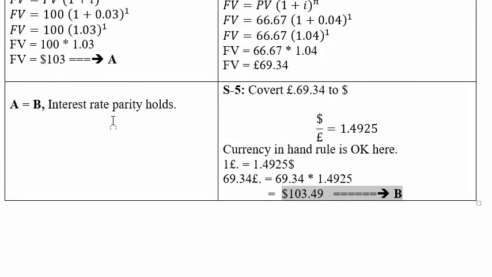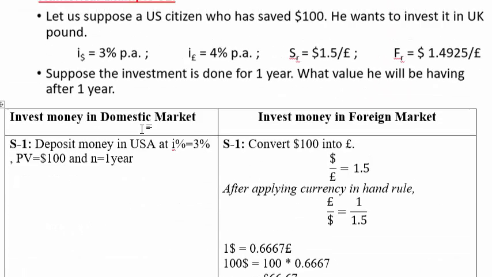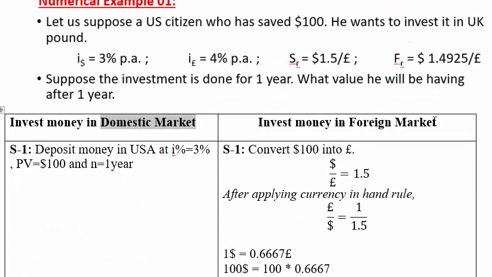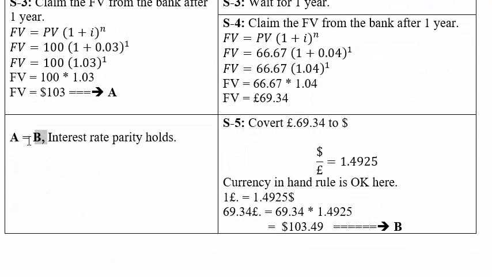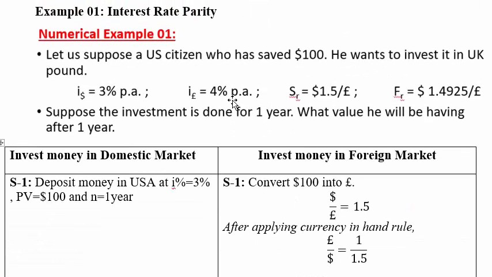So look at this here, ladies and gentlemen. We can very confidently say that A is equal to B. So it means if I invest my money in the local market, or if I select to invest my money in the foreign market, the end result is the same, although the foreign market is offering more interest percentage to me. But this more interest percentage benefit is gone because of a lesser value of pounds in the future.